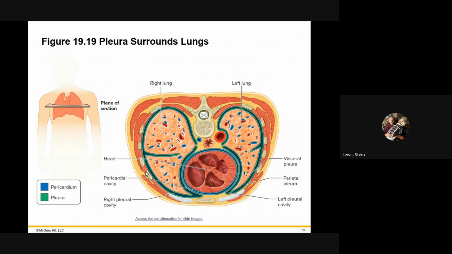But fortunately, this is typically the kind of thing that happens with a traumatic accident. Before airbags, it was probably more common. It still could happen. It can happen with sharp force trauma, gunshots, stab wounds, those kinds of things. Whenever that pleura is disrupted, parietal or visceral, it allows air to get in.